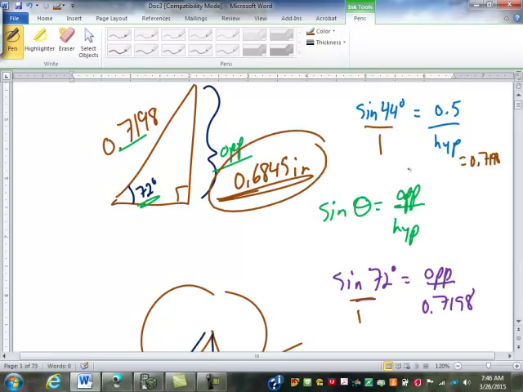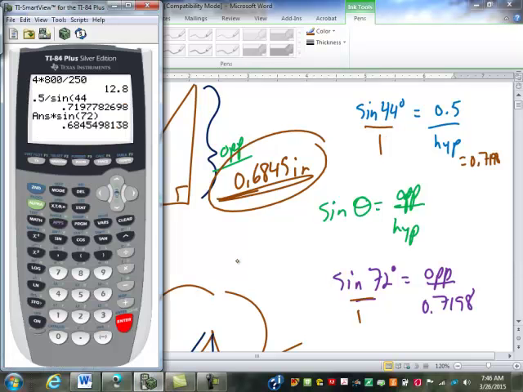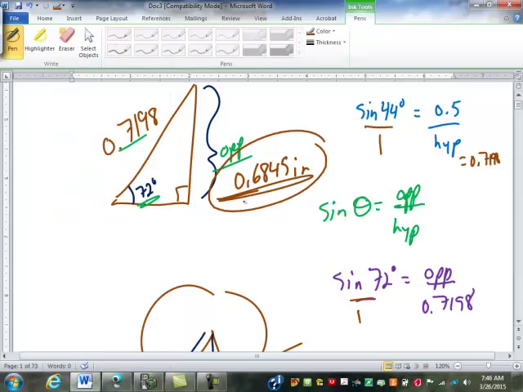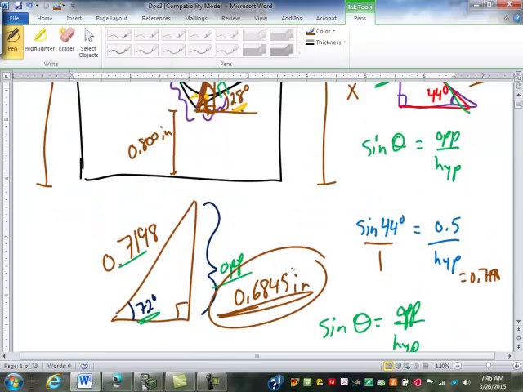I kept it in my calculator instead of rounding it off and writing it down and punching it back in, so I can see where any little bit of round off would have changed it. So 0.6845 is this height here.